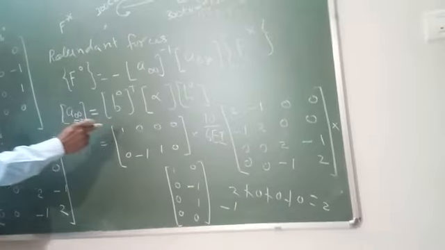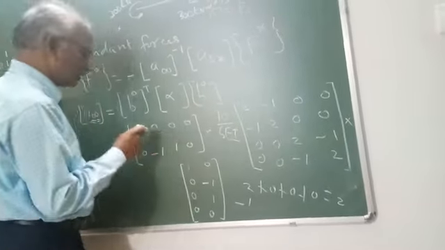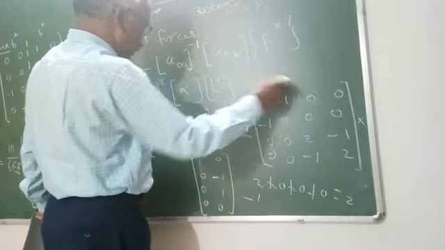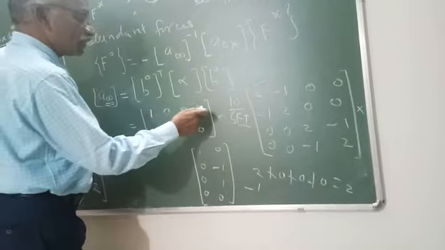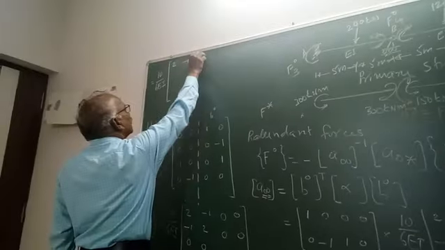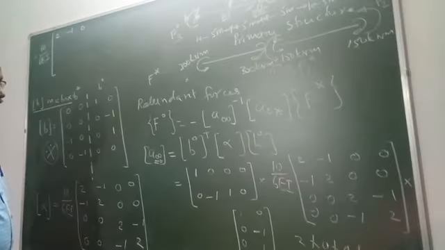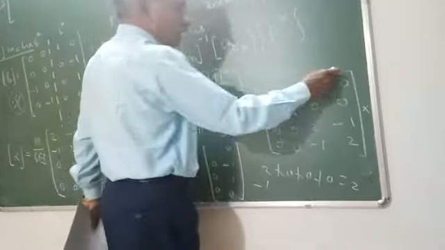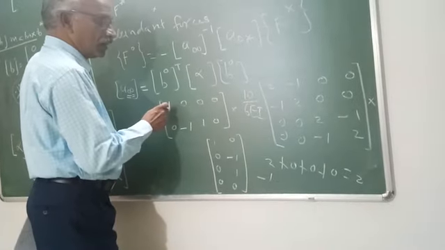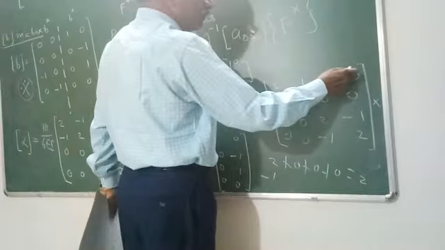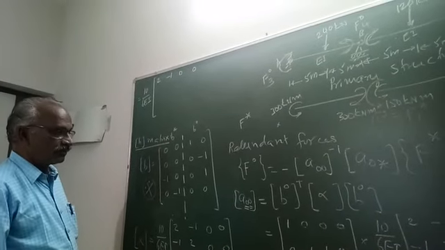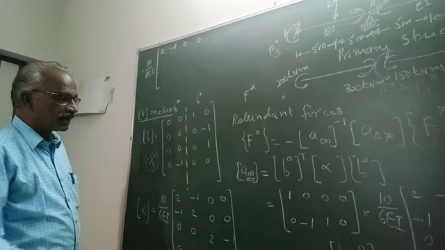Then first row, third column: third column is 0, therefore 1 into 0, and all other values are zeros, so that will be 0. Similarly, first row, fourth column will also be 0. In the fourth column it is 1, all other values are 0, so here it is 0. That covers first row, first column, first row, second column, and so on.